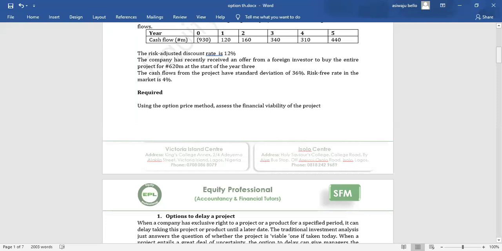We looked at this last week. We treated a question on option to abandon. Please remember, option to abandon is treated as a put option. We explained the steps involved on how to treat option to abandon.